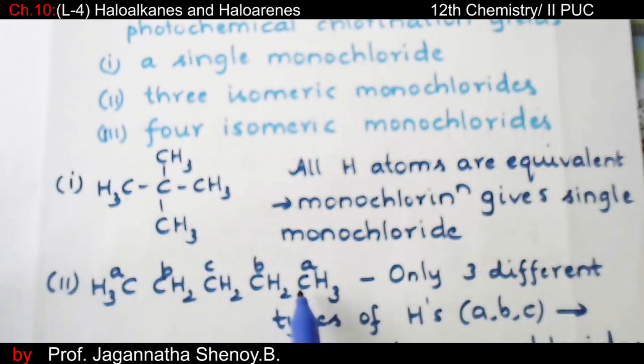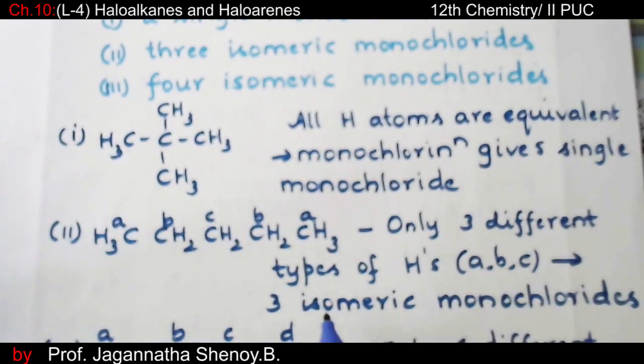You can make out, you see, these two terminal hydrogen atoms are identical, and then the second carbon atoms from either side will have identical hydrogens represented as B, and the central carbon will have another type of hydrogen. So altogether, how many types of hydrogens we have here? Three types indicated as A, B, and C.